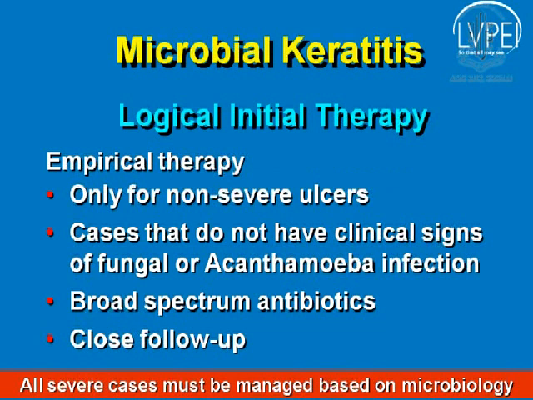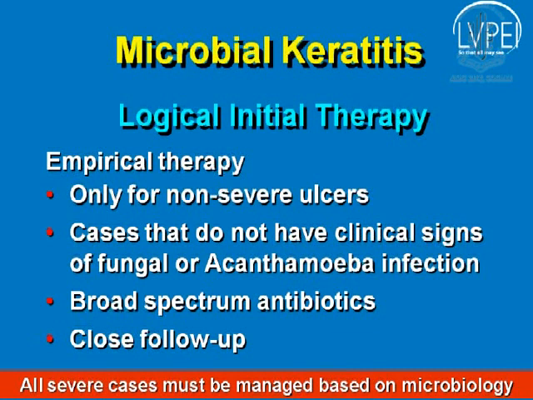However, there are certain care points that you must keep in mind when you start treatment empirically. The empirical treatment should be reserved only for non-severe ulcers. It should not be used for severe corneal ulcers, and for cases that have classical clinical signs of fungal or acanthamoeba infection. The empirical treatment has to be always with a broad spectrum antibiotic, and you should not just dispense the medicine and forget about the patient.